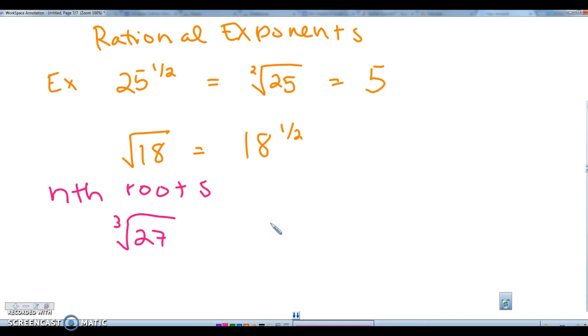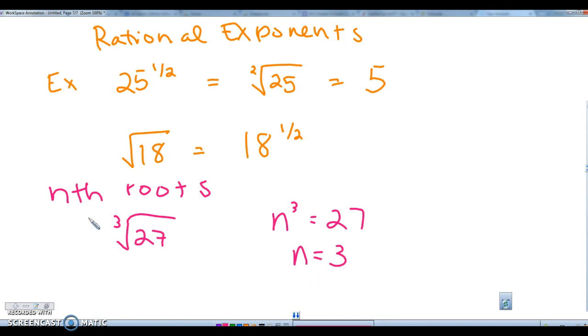It could be the 5th root or 4th root or whatever. But we'll say n cubed is equal to 27, because really 5 squared was equal to 25, and that's how we got this mess up here. So n cubed is 27. What is n? Well, we know 3 cubed is 27, so n must be 3, and that's how we took the nth root.